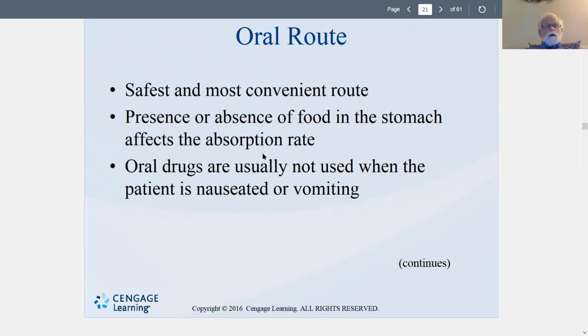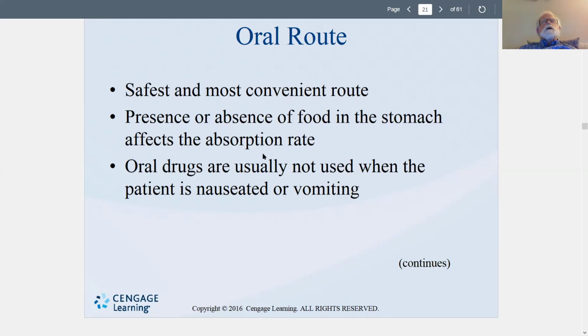Then the first thing that happens when you take an oral drug is it will go through the liver, where it will be partially metabolized before being put back into the circulation to be sent to its location of action.